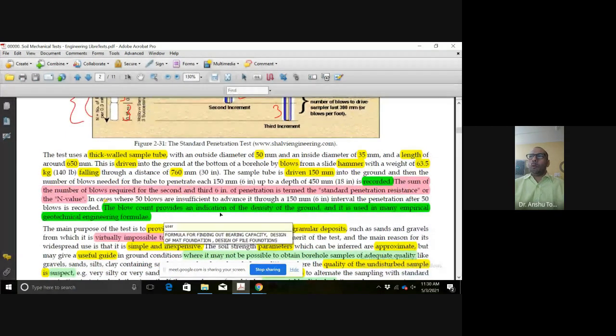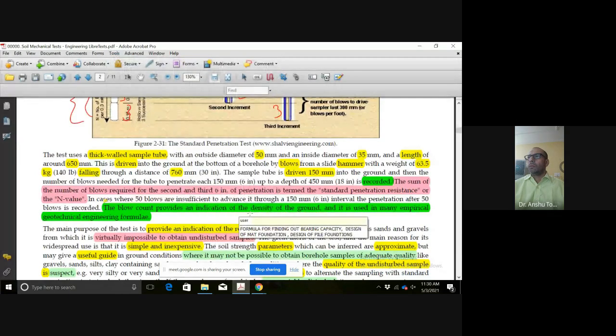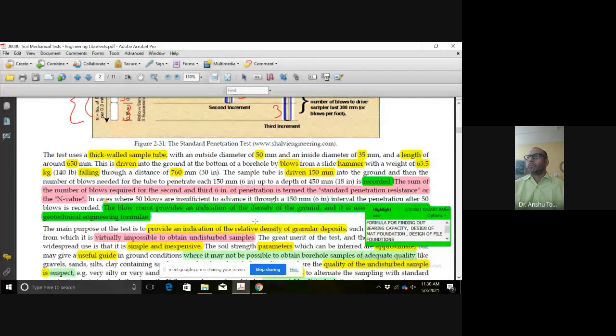The blow count provides an indication of the density of the ground, and it is used in various geotechnical engineering formulas. The same as I have added here, where it is being used.